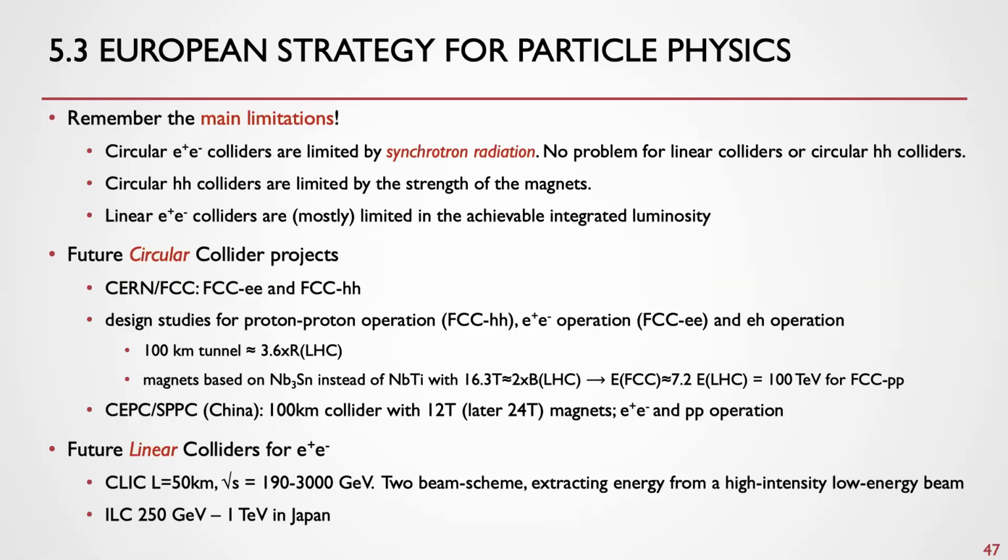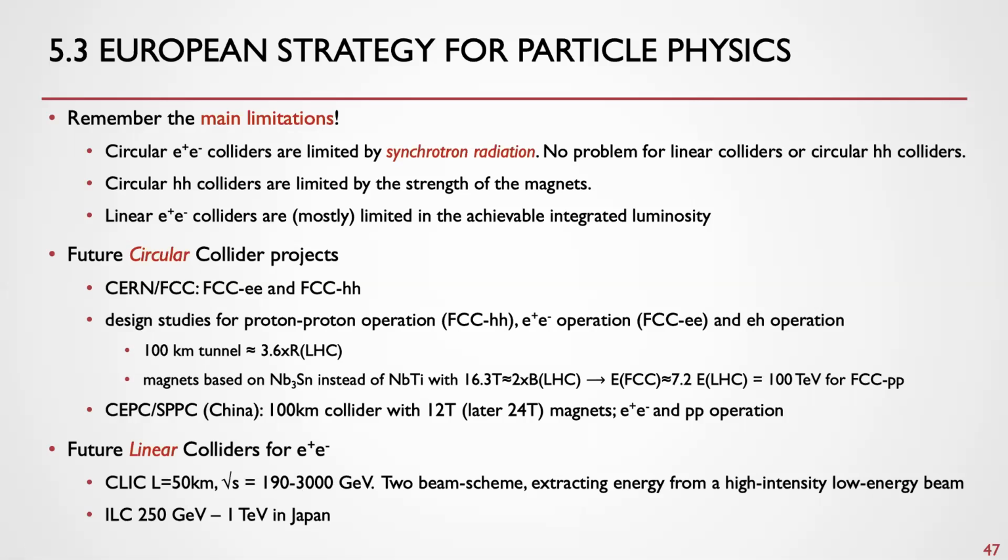The center of mass energy for e+ e- would be 190 GeV, which is not enough to produce Higgs bosons. So that's too little. Up to 3 TeV in e+ e- center of mass energy. CLIC has an interesting two-beam scheme.